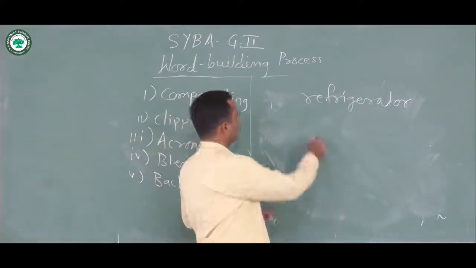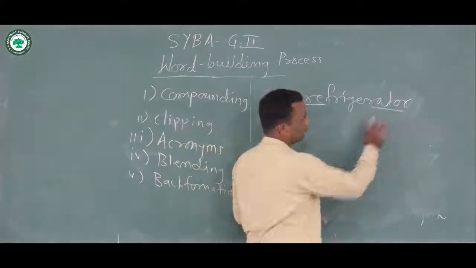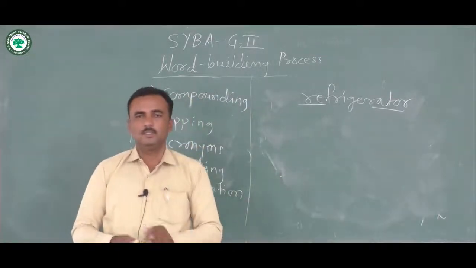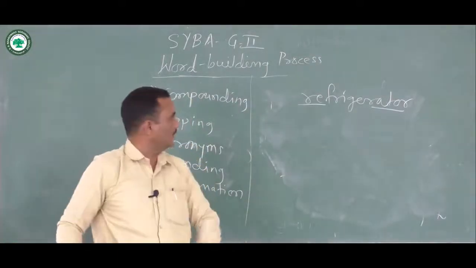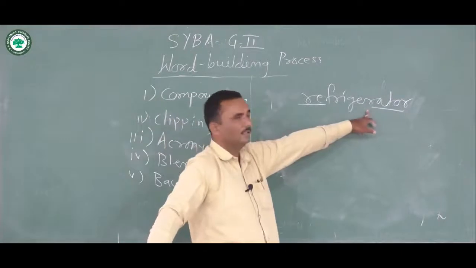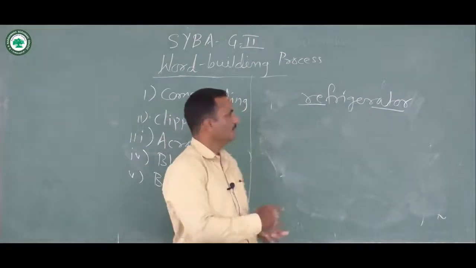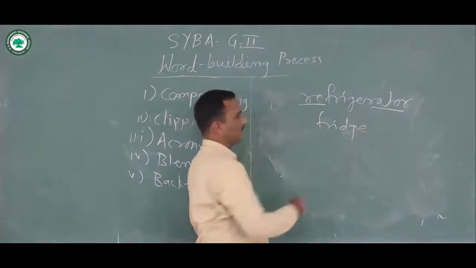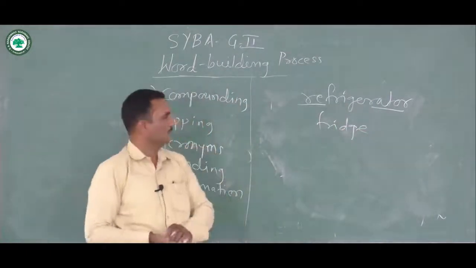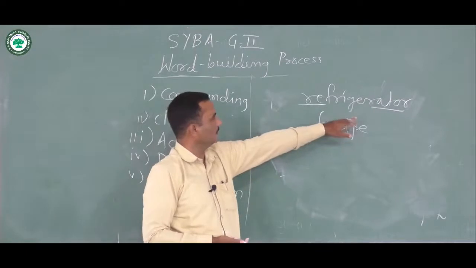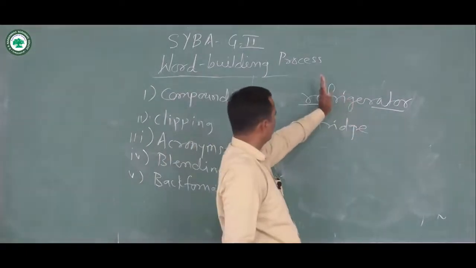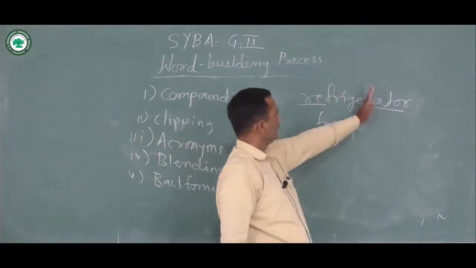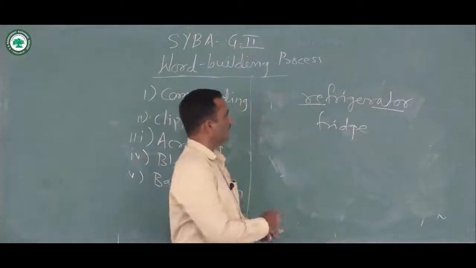You can see here re and rator are clipped and only fridge is retained. The first part is clipped, the end part is clipped and the middle part is retained.